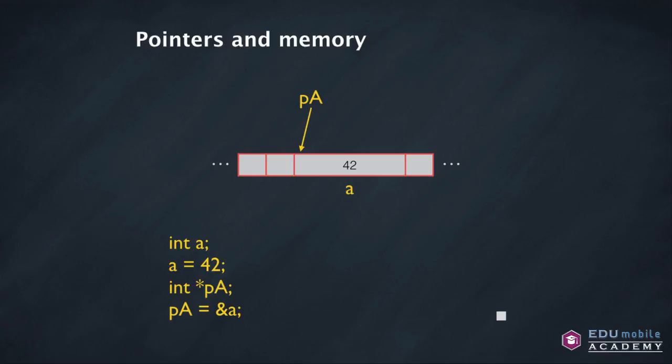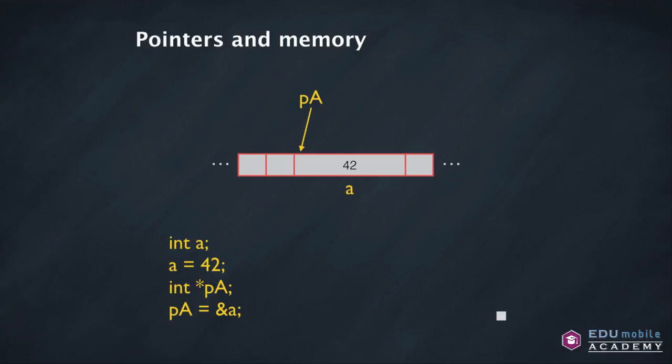But if I change PA to some other value, it's going to point some other place. That's dangerous. We don't want to arbitrarily change the value of a pointer, but we can arbitrarily change the value stored in the address that is pointed to by that pointer. So don't panic.